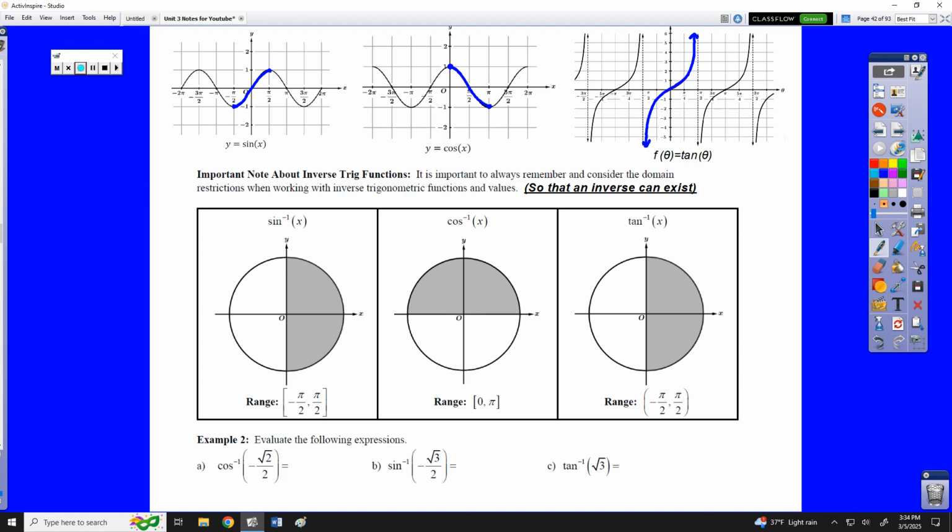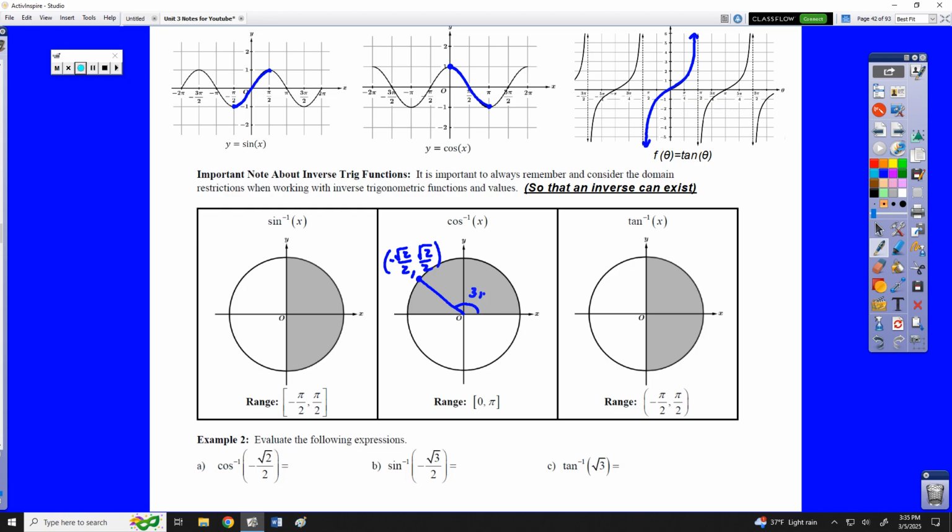Well, that means we're looking for the value in that 0 to pi range that has a cosine value of negative root 2 over 2. Well, the x-coordinate where it has that negative root 2 over 2 is our pi over 4 angle in the second quadrant.